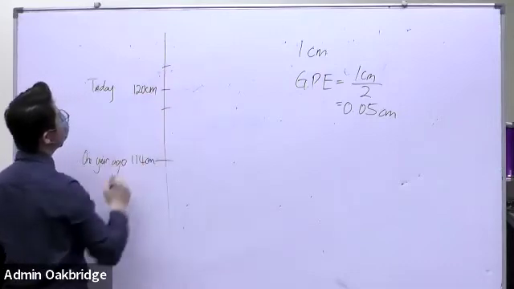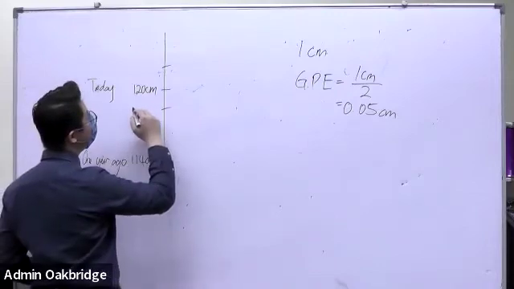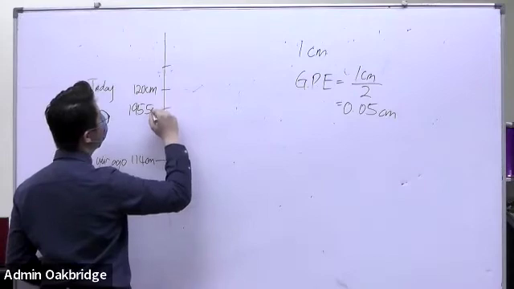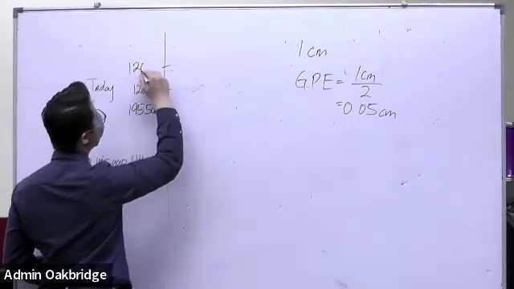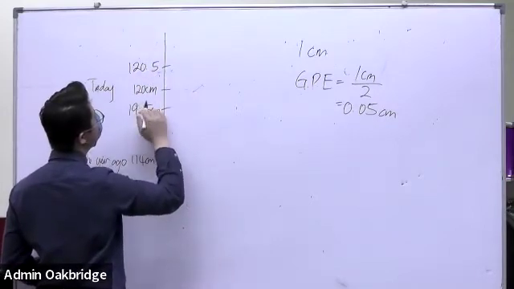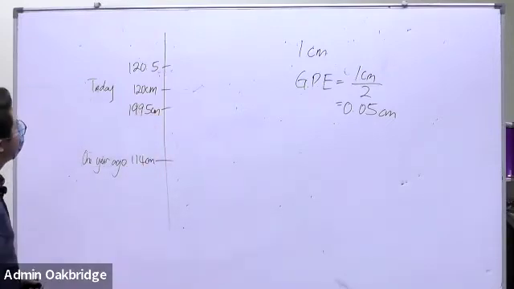So with the GPE, now you can get the lower bound and upper bound of today's height. Then this will be 119.5, and this one 120.5.